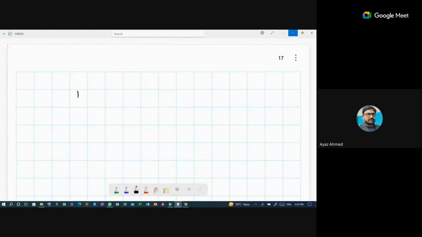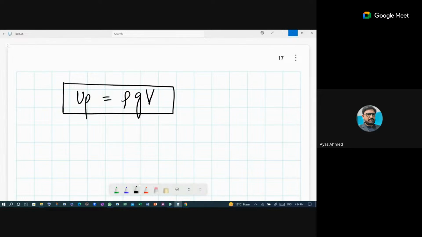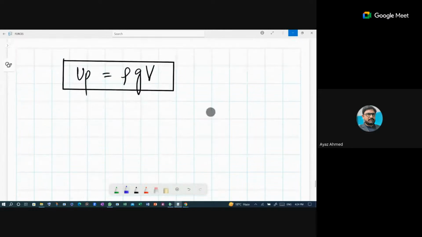So I can say that upthrust is equal to rho g into V. This is the formula for your upthrust. Here I have the concept of pressure of the liquids, but as I'm not on the topic of pressure, I will not get involved in that.